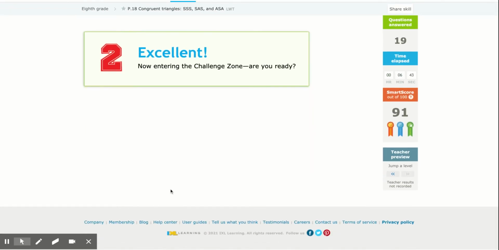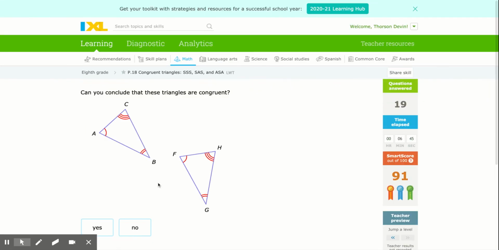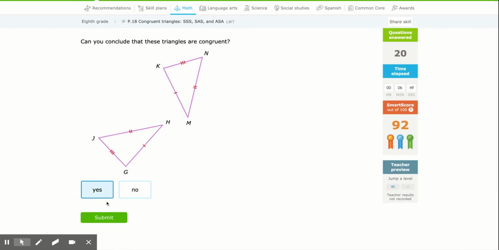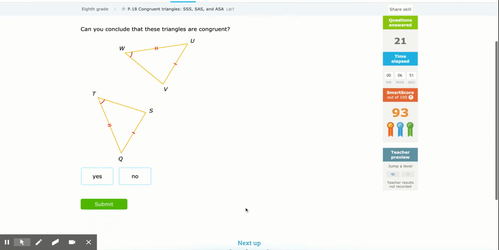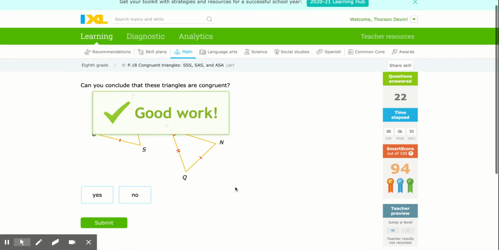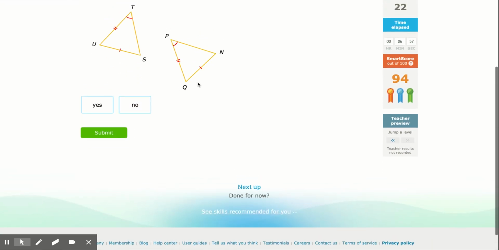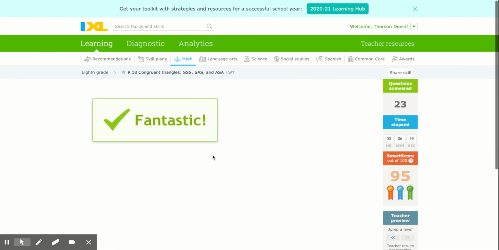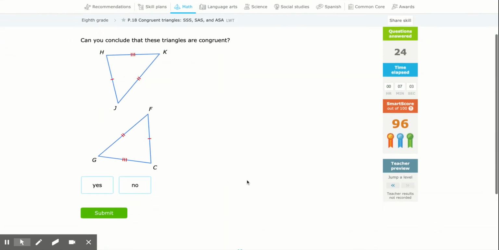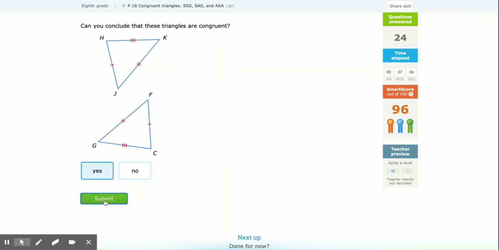And look at that, I'm already up to 91. Three angles, no. Three sides, yes. Side, side, angle, no. Again, side, side, angle, no. Three angles, no. Three sides, yes.